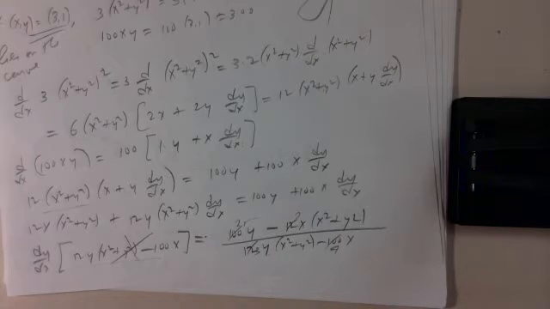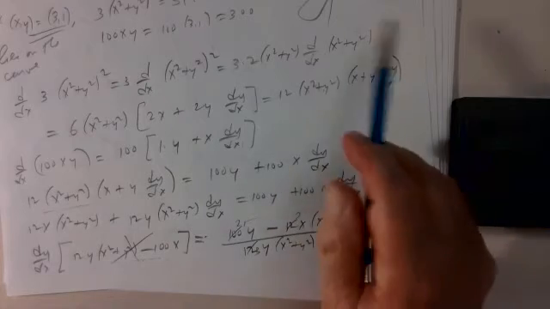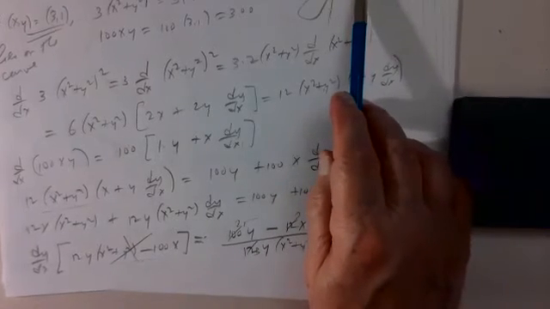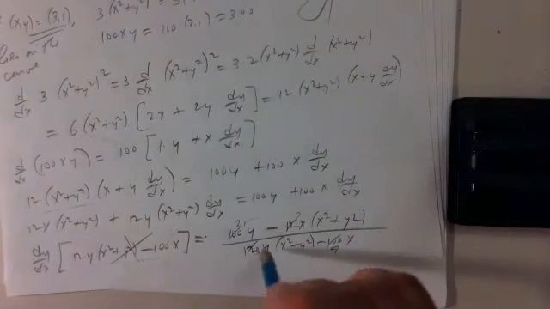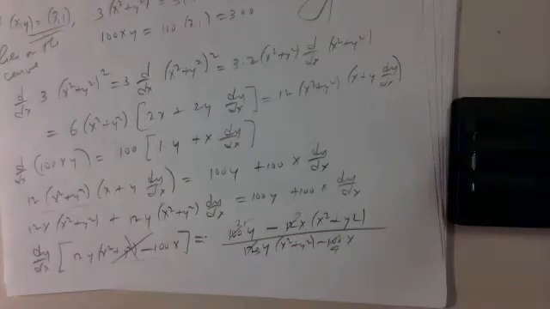This is example 5 in the text. You can simplify this slightly more, but not really. And then if you want to know the slope of the tangent to this curve at the point (3, 1), you plug in x equals 3, y equals 1, and you get out the answer.